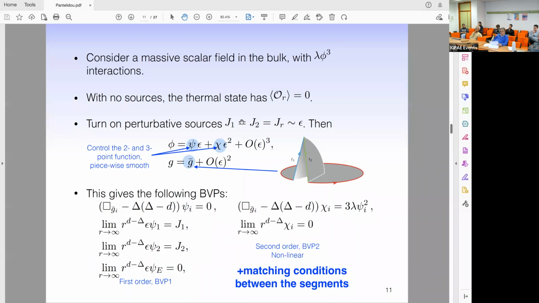If you want your scalar field psi to asymptote to something that is non-zero on the boundary, then for sure it will have a non-trivial profile in the bulk. And then if you have something that is non-trivial at order epsilon, then simply because of the interactions, you have to have a term at order epsilon square.